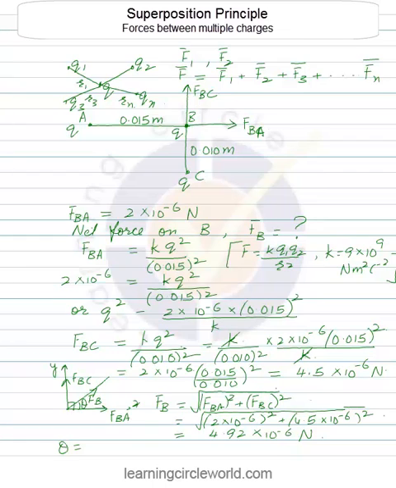Then theta is equal to tan inverse of FBC upon FBA, which turns out to be tan inverse of 4.5 divided by 2. This way we will find, using the laws of vectors, both the direction and magnitude of the force on B due to two charges, the charge at A and the charge at C.